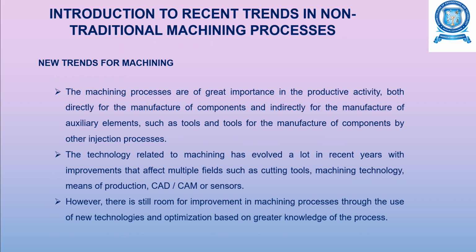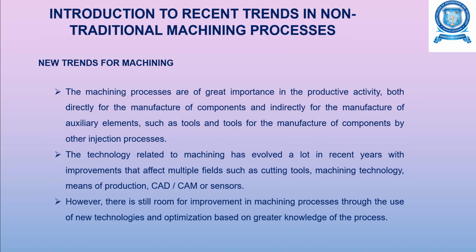So, introduction to recent trends in non-traditional machining processes. New trends for machining. The machining processes are of great importance in productive activity, both directly for manufacturing of the components and indirectly for the manufacturing of auxiliary elements, such as tools, and the tools required for manufacture of components by other injection processes.